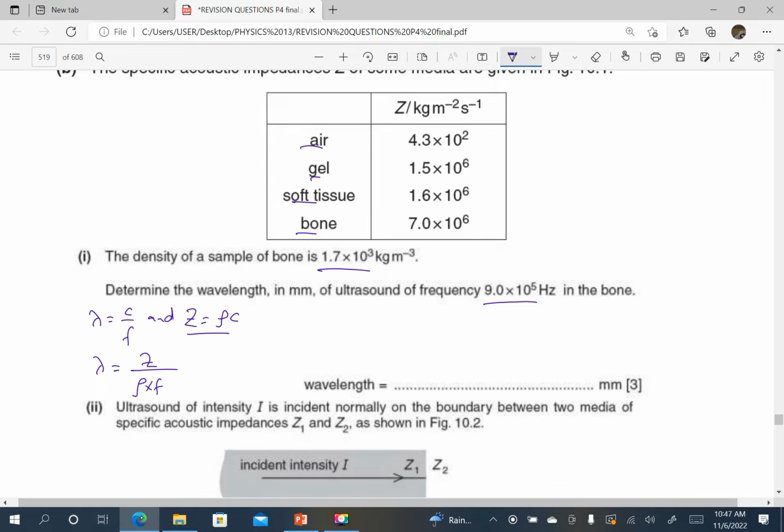When we substitute the value of Z for bone, Z is 7.0 times 10 power 6. The density is 1.7 times 10 power 3. The frequency is 9.0 times 10 power 5. So press our calculator.